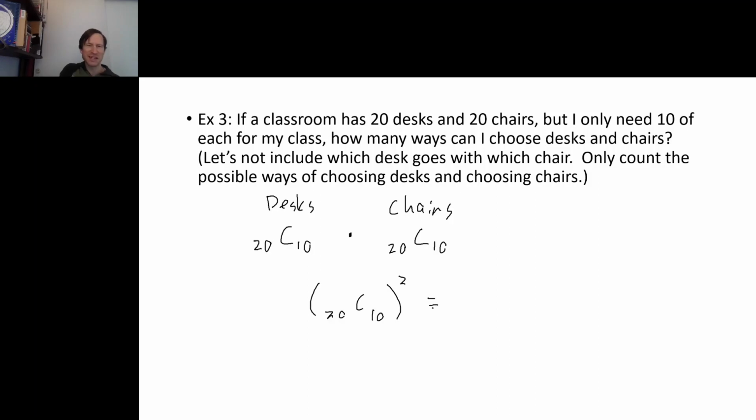In fact, it's so big that I'm going to use a calculator for this one so that I don't have to do all the multiplying out while you're watching. So 20 choose 10 is 187,756. And now we need to square that.